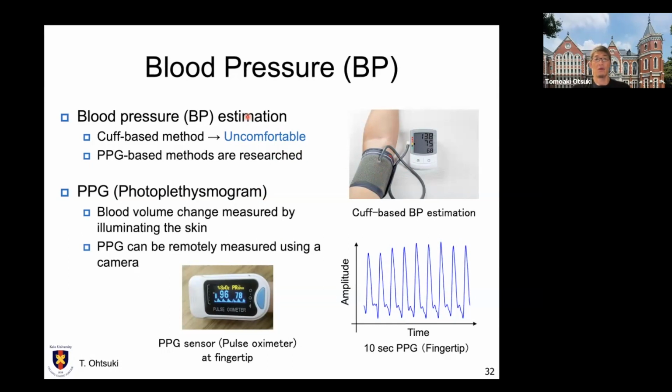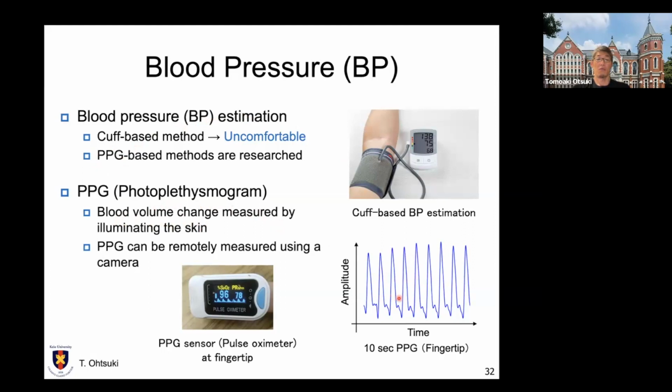And also we have BP estimation methods based on PPG, like the Apple Watch sensor. With PPG, blood volume change can be measured by illuminating the skin with, like, a green light.